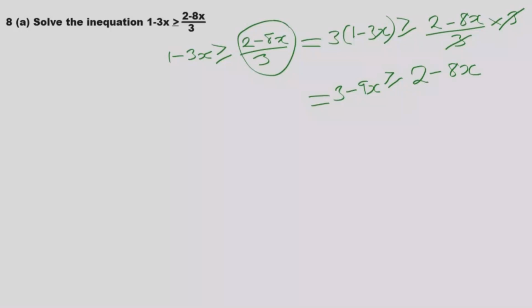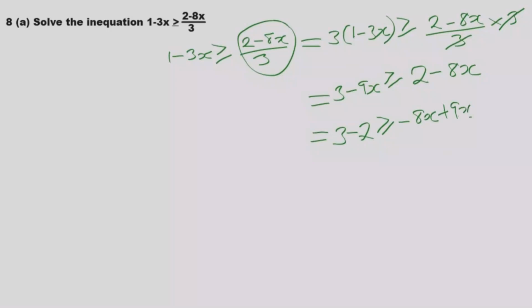Okay, now the next thing we need to do is put like terms together. So that means we're going to have 3, then 2 crosses the equal sign and becomes minus 2, is greater or equal to negative 8x, then negative 9x crosses the equal sign and becomes positive 9x.